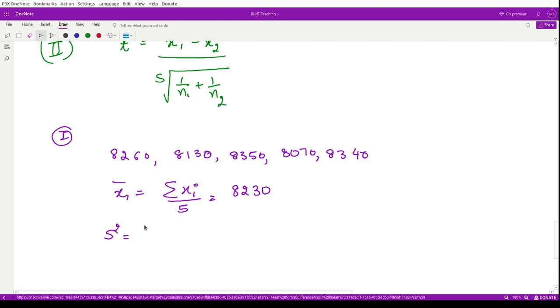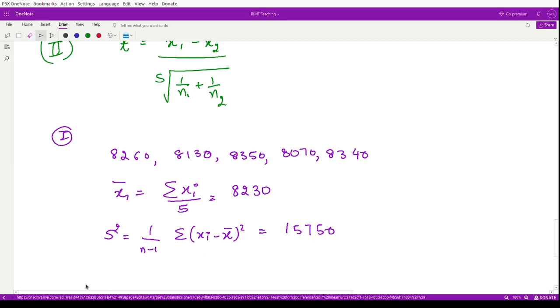Here the formula again is, you already know the formula. What is that? For computing s square, we have the formula 1 by n minus 1 summation xi minus x bar whole square. So when you compute the variance in this first sample, it comes out to be 15750.